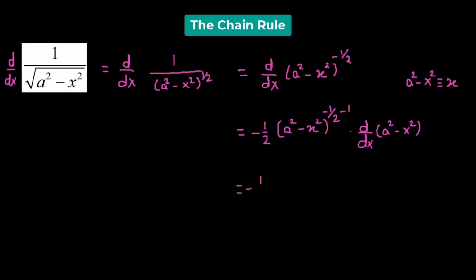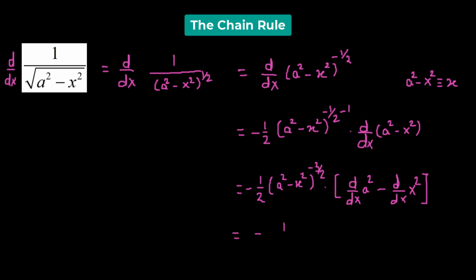So we have negative half times (a squared minus x squared) raised to the power of negative 3 over 2 times the derivative of a squared with respect to x minus the derivative of x squared with respect to x.